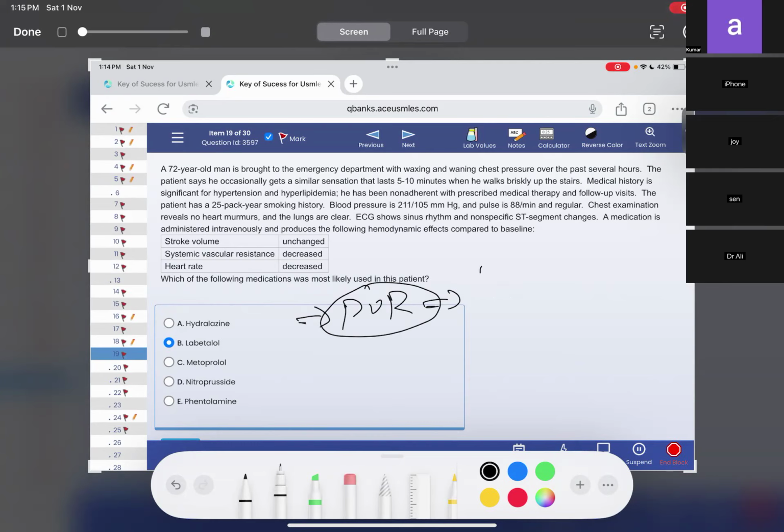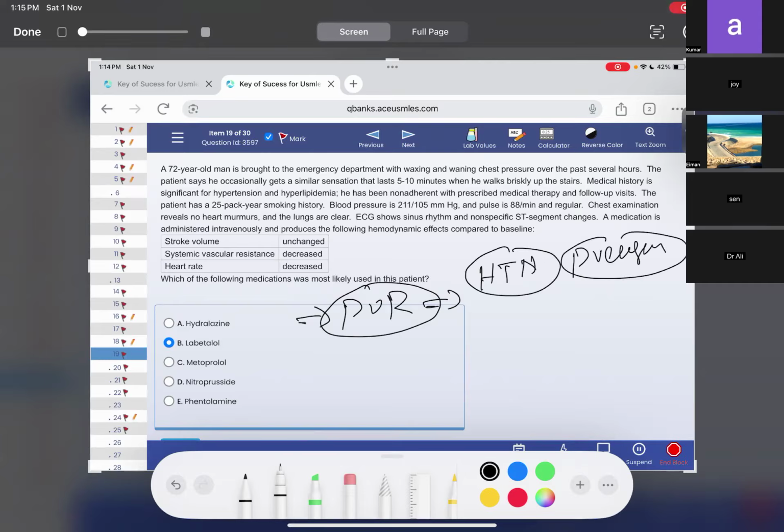Preeclampsia. Excellent. And which other condition? If there is any contraindication for labetalol, the alternative can be hydralazine. Excellent.